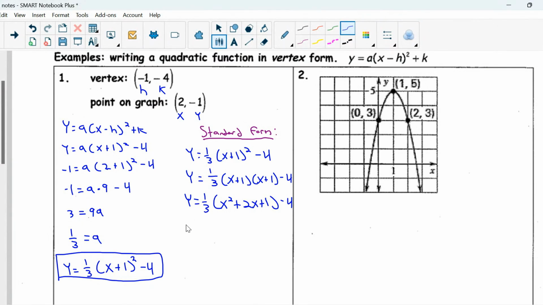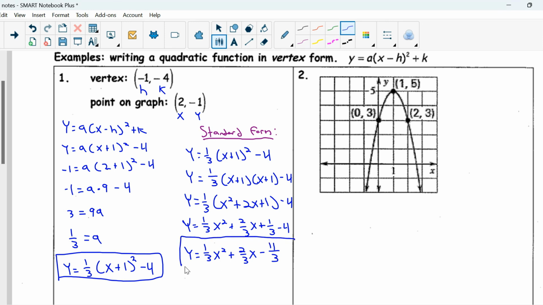That gives me y equals 1/3 x squared plus 2/3 x plus 1/3 minus 4, which we just need to combine like terms, and that will leave us with y equals 1/3 x squared plus 2/3 x minus, and that would simplify to 11/3.